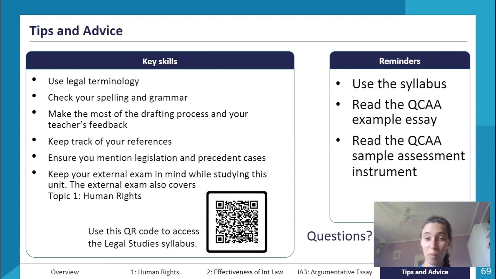It definitely gets a lot more serious with following those conventions when you're at uni. But if you practice it now, then it'll set you up for success for later on as well. Mention your legislation or your precedent cases, all those different things you can apply to whatever the scenario is that you choose for the assignment.